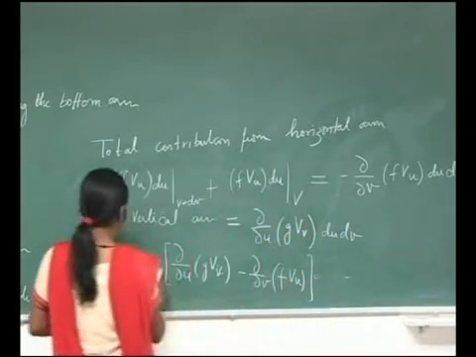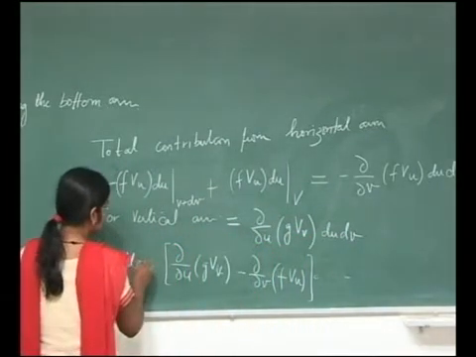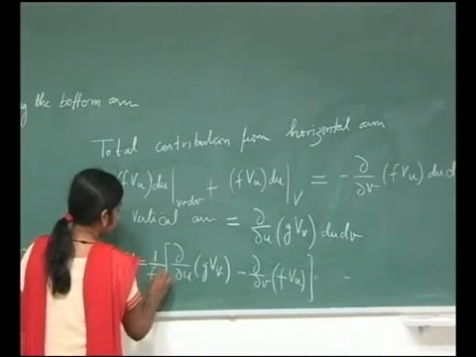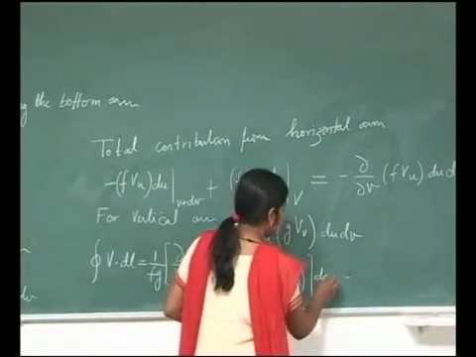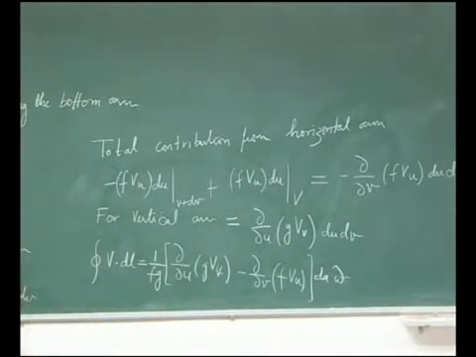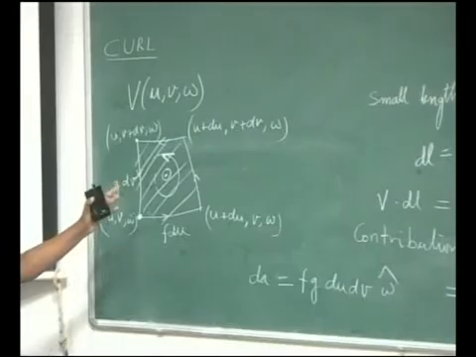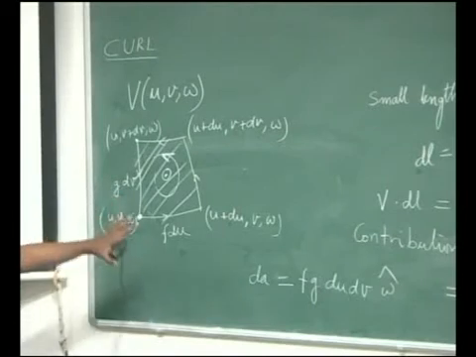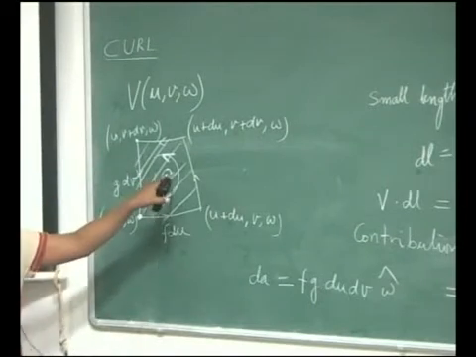So I can write here 1 upon FG dA into W cap. So what do I get here? I get the component along the W cap direction. I will have to calculate similar components along U and V directions too.